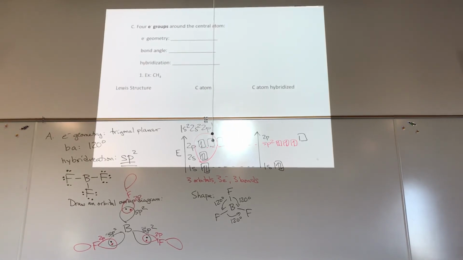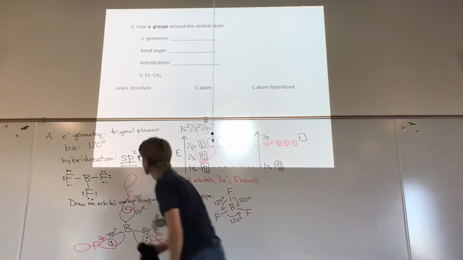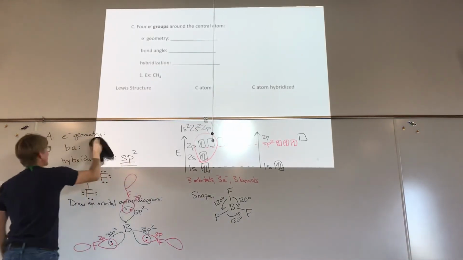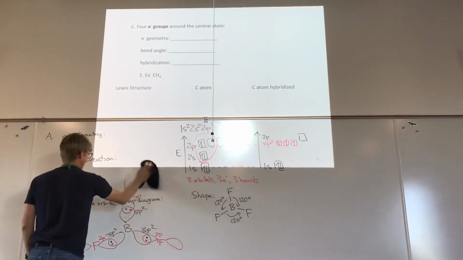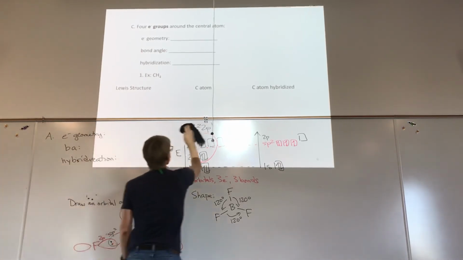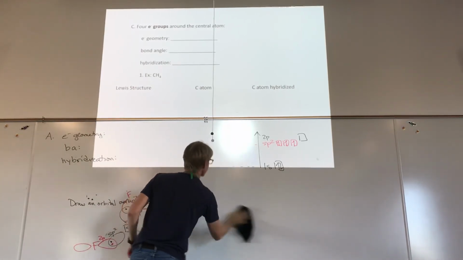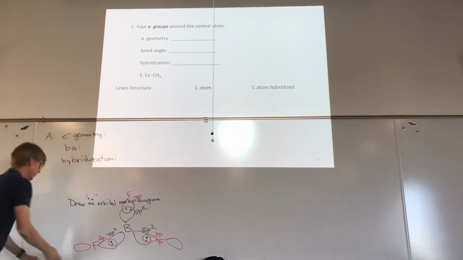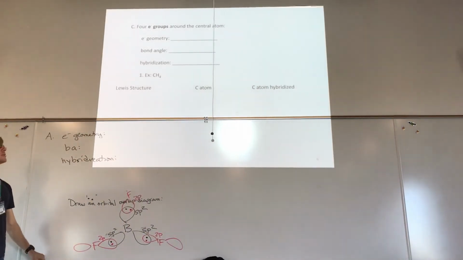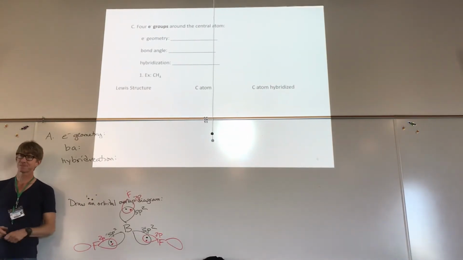Four electron groups around the central atom. For 4 electron groups, does anybody know what the electron geometry is? Tetrahedral.